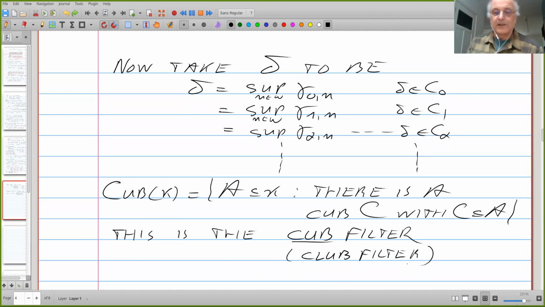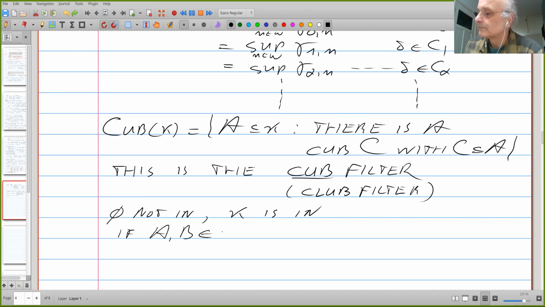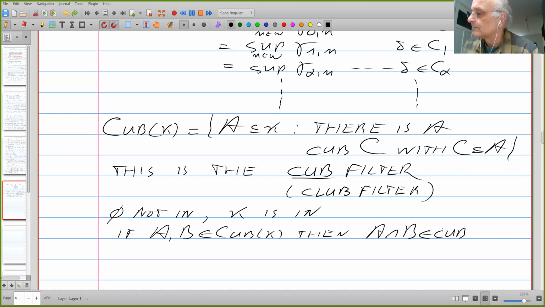It's a filter. What does filter mean? Well, if you take two members, then the intersection of the two members is again a member of the family.